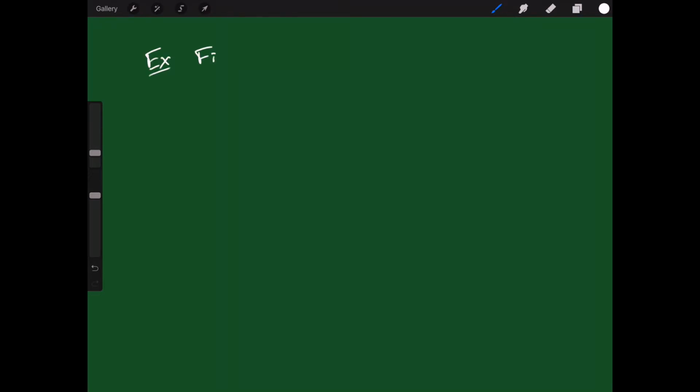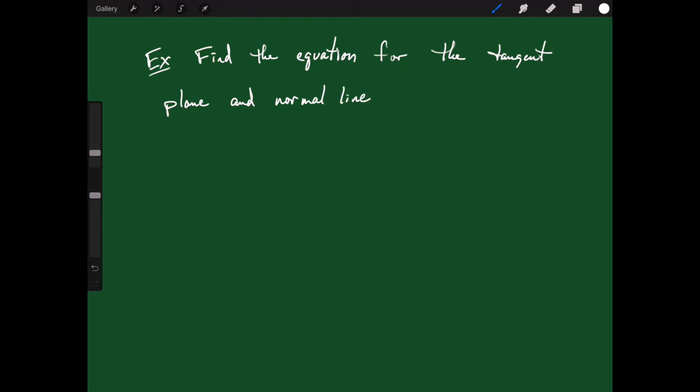Find the equation for the tangent plane and normal line at the point P sub 0, which is the point 1, 1, 1, for the curve x squared plus y squared plus z squared is equal to 3.